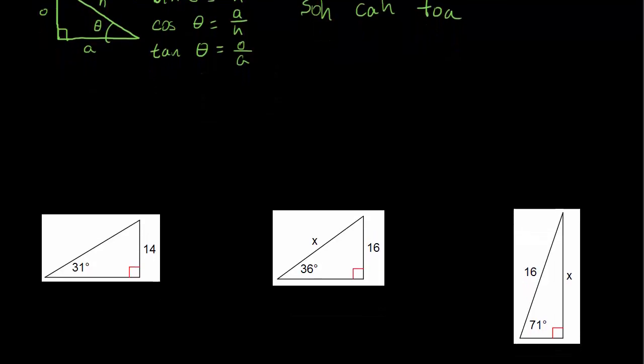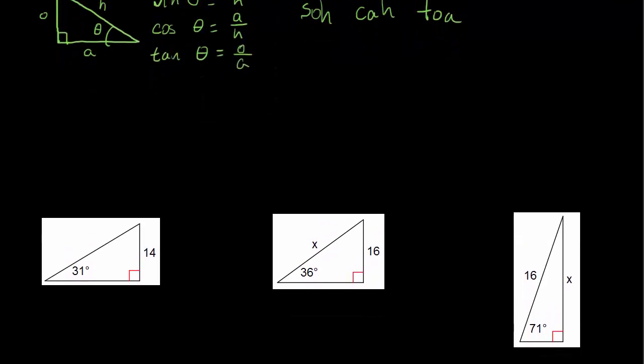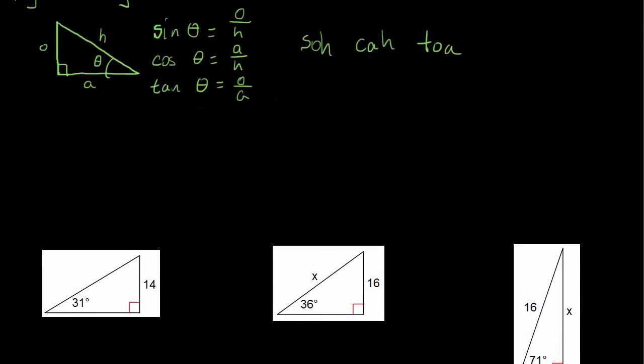So here I have a triangle. I'm going to leave this up so that we can see the trig functions. Here's my angle, so this is my theta. Opposite the 90 is the hypotenuse, and right next to it is the adjacent.